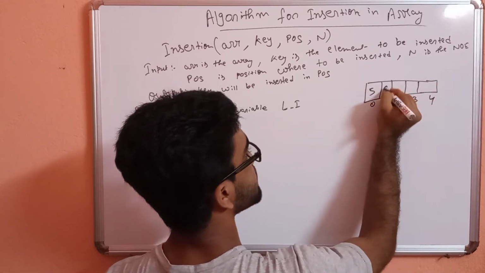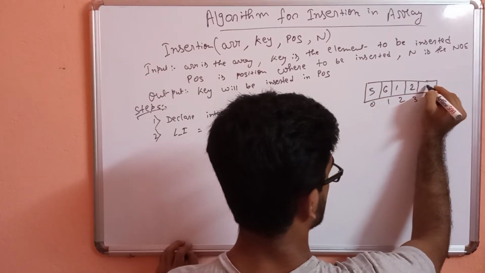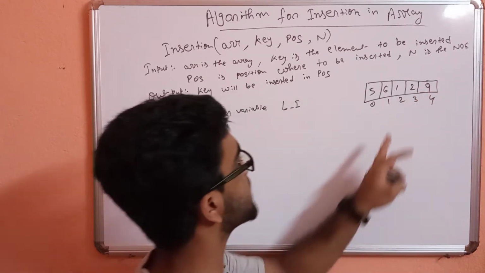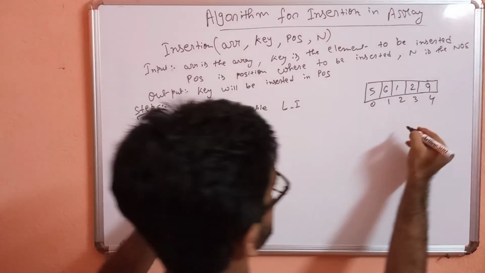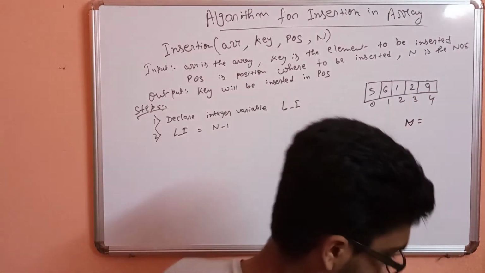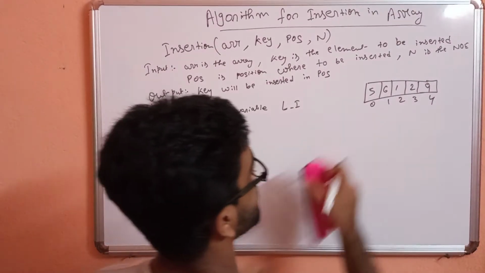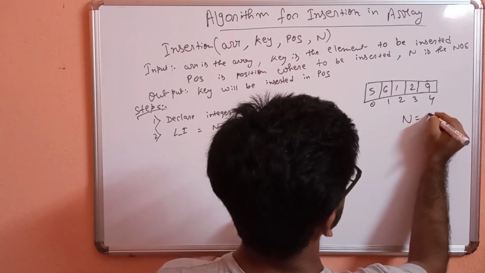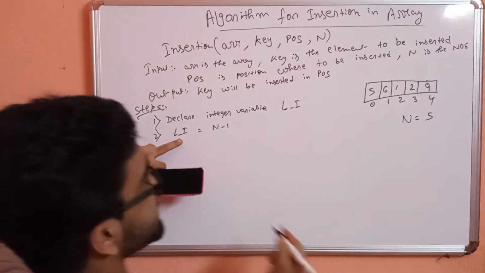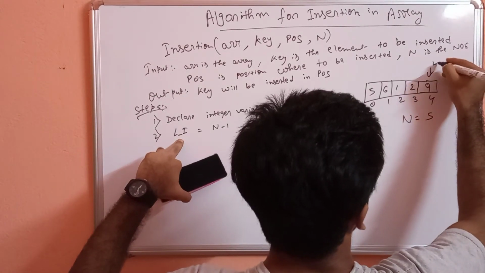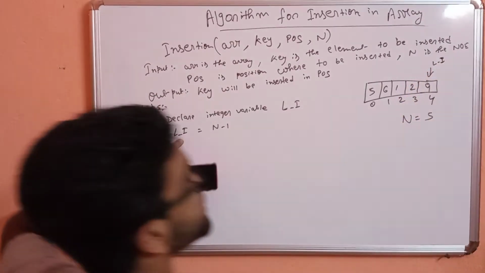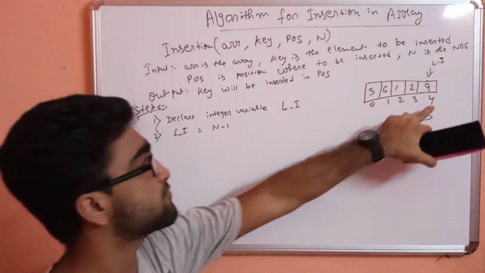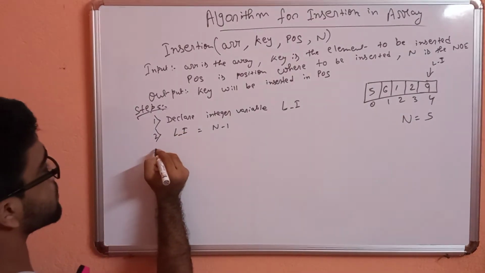Suppose this is the array. n is 5, and li is pointing here, at the 4th index.